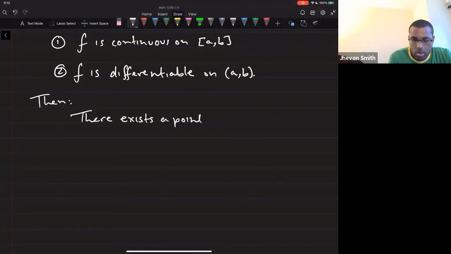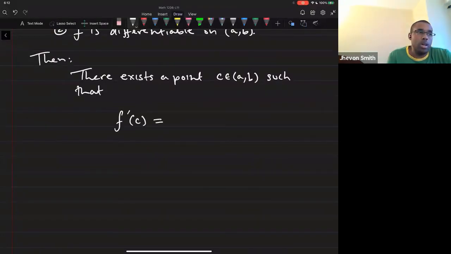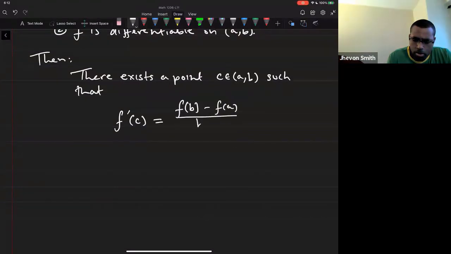There exists a point C in (a, b) such that the derivative at that point is equal to this expression, (f(b) - f(a)) / (b - a).